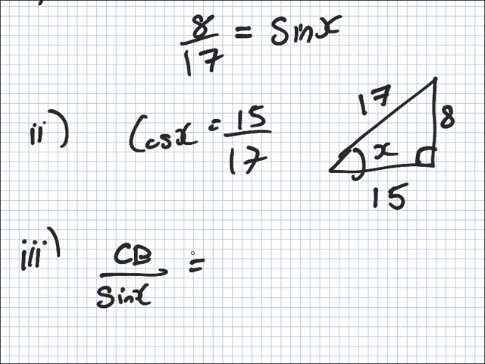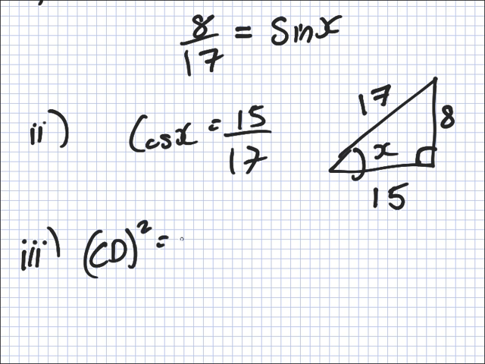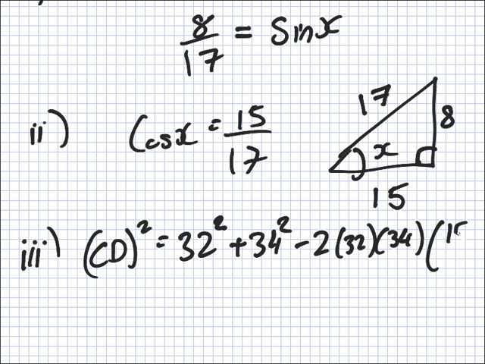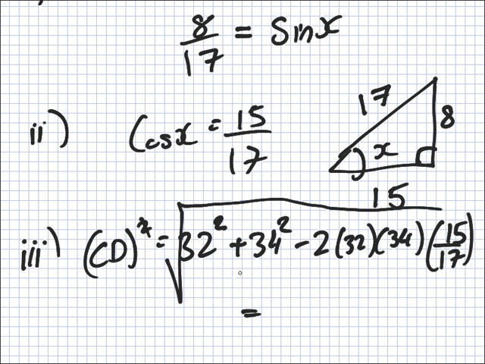We could use the cosine rule. Oh, we have the two sides and the angle in between. Yeah, cosine rule. CD squared equals 32 squared plus 34 squared minus twice 32, 34 cos x. In one line, you type that in and you have your answer for 3 marks.